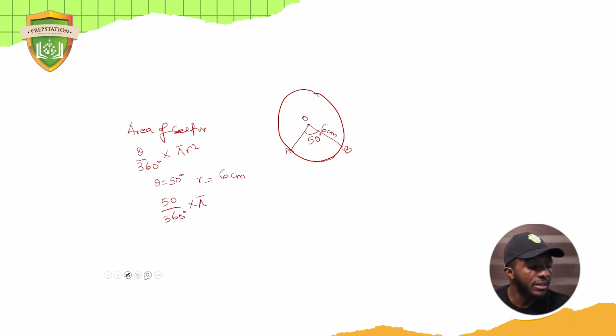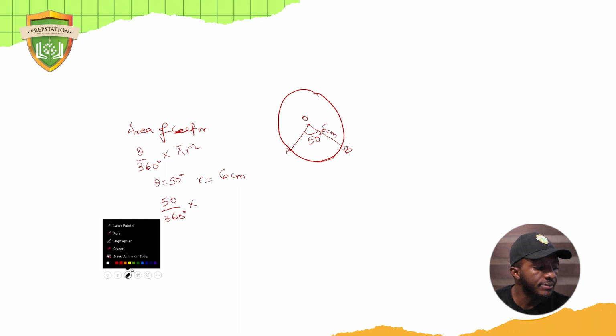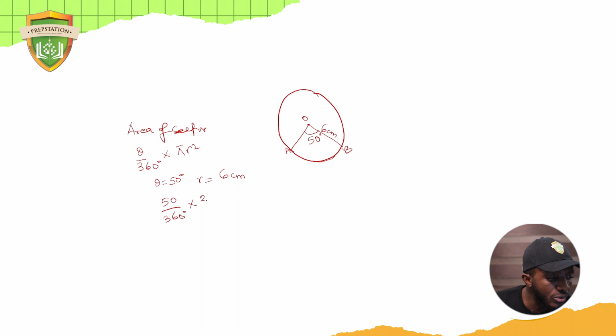Now pi, since it wasn't given to us, we're going to use 22 over 7 for pi. Here we have 22 over 7 times r squared, which is 6 times 6, as you can see.